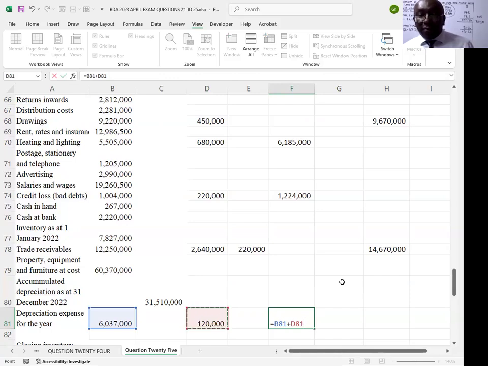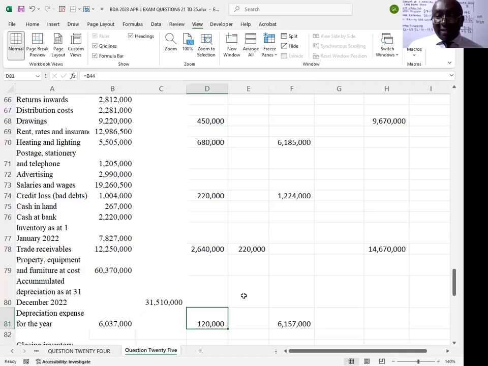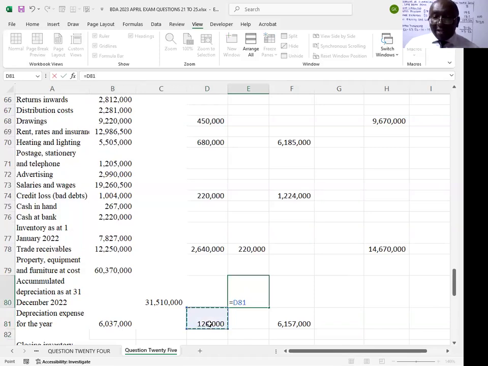Give me the answer. Good. Then this increase, it should also serve to increase the accumulated depreciation. The accumulated depreciation should be credited. So we come here, we credit this.